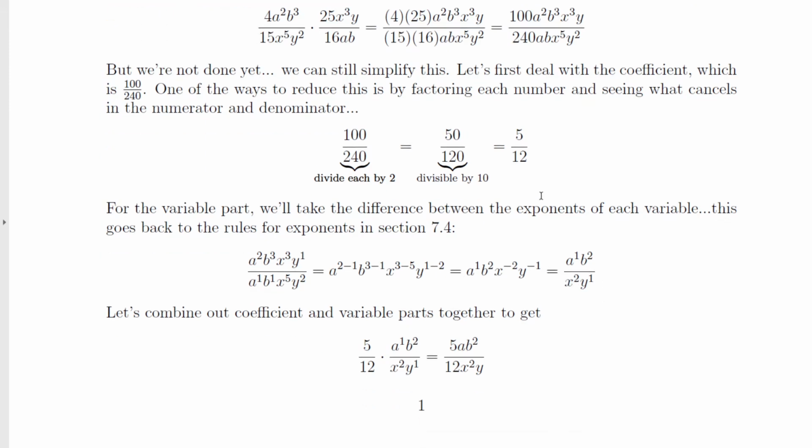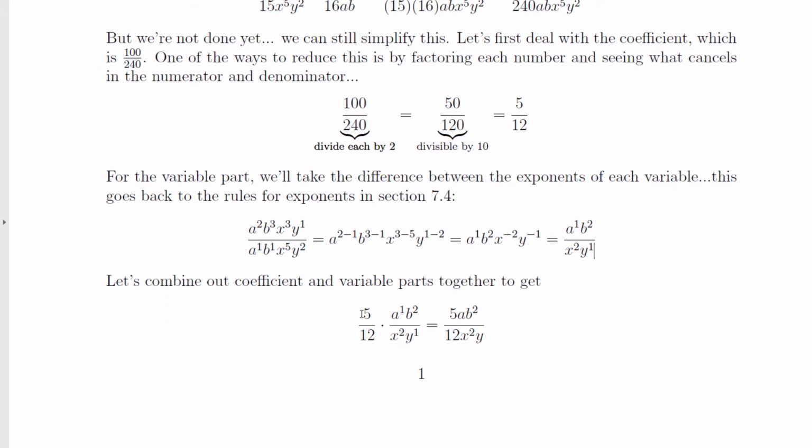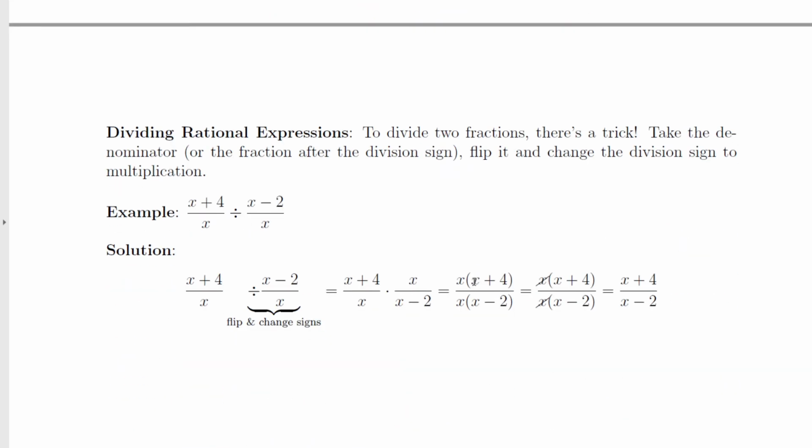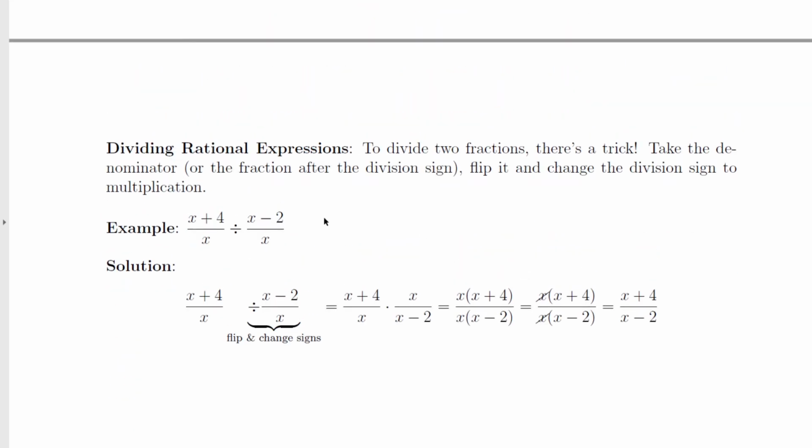So now we just combine the numerical part and the variable part, and what we get is 5a times b squared divided by 12x squared y to the first, or times y. So that's how this one works out. Again, this is just an example for you to reference when you are working on some of these problems. Now, how do we divide?